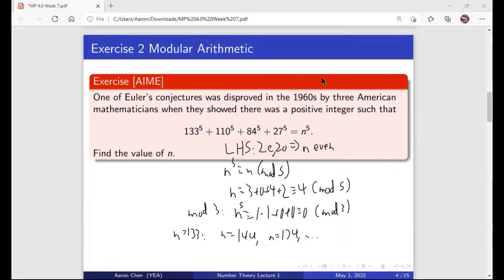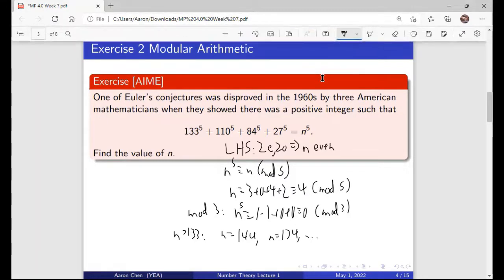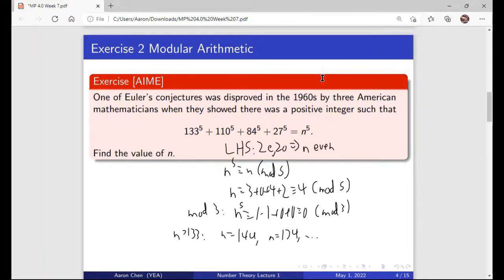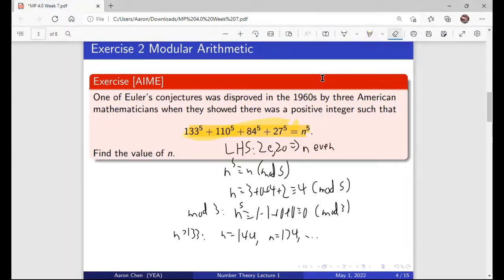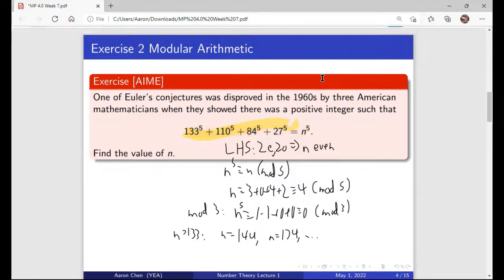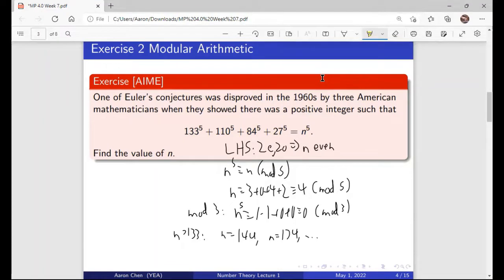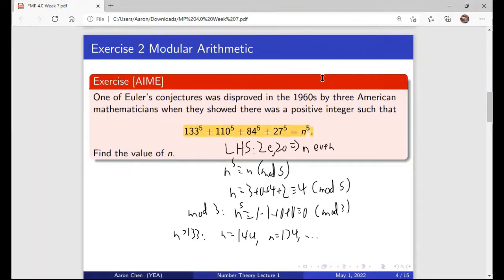So for this one, one of Euler's conjectures was disproved. Basically, you're trying to find the n such that this equation holds true. And so we want to find the value of n for which this equation holds true.